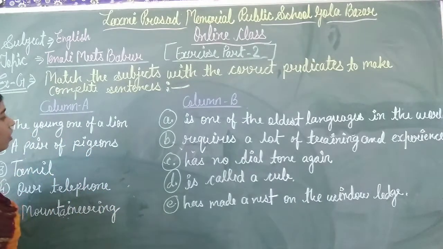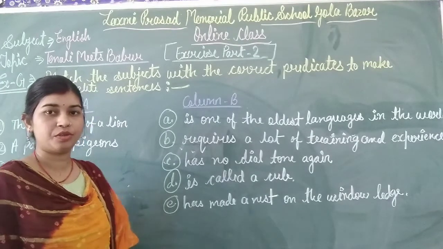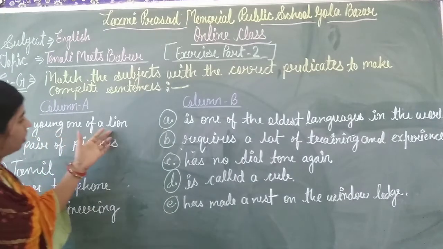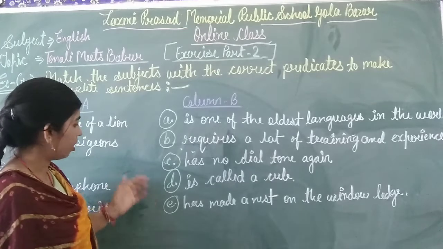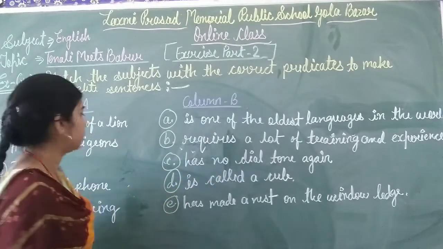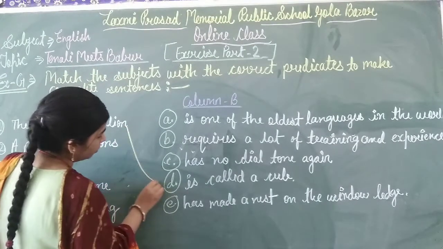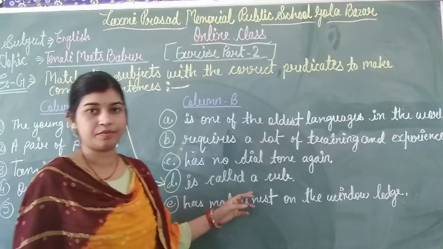So we match the young one of a lion with option number D. That is called a cub. So we match number 1 with option number D is called a cub.